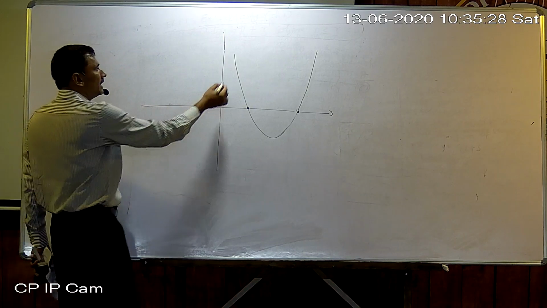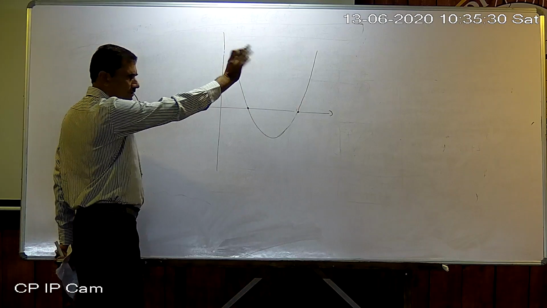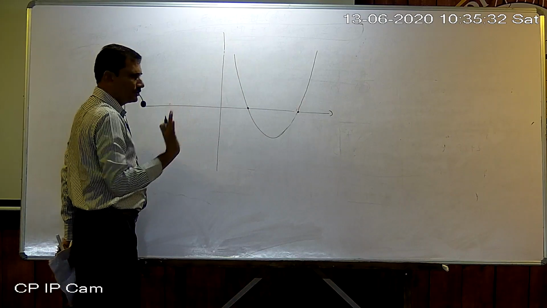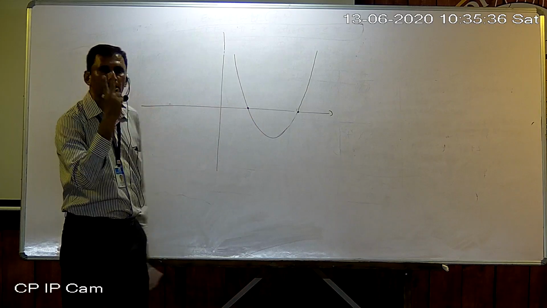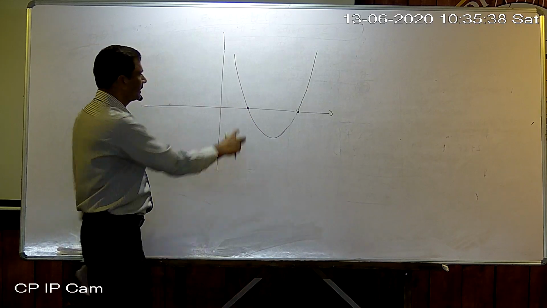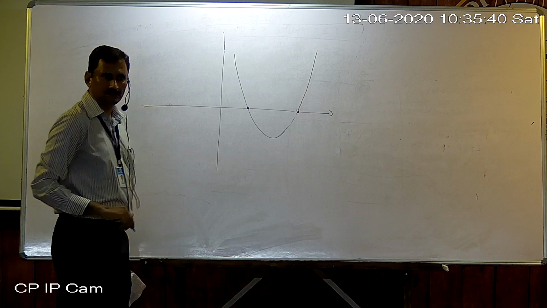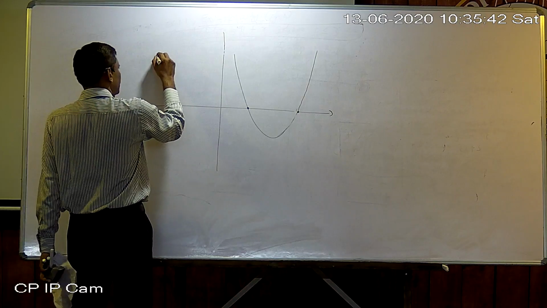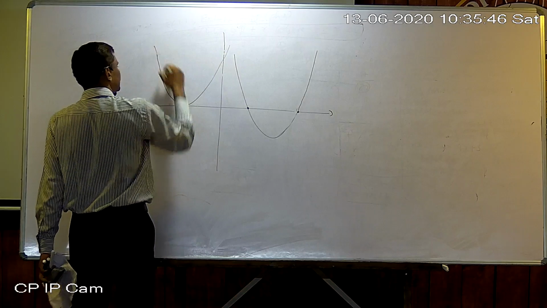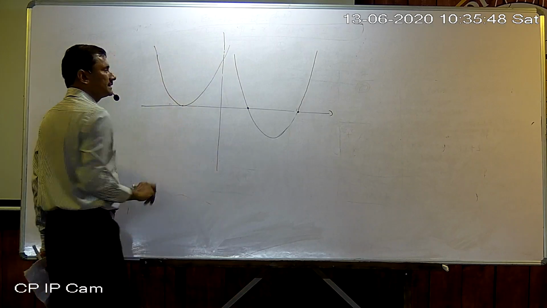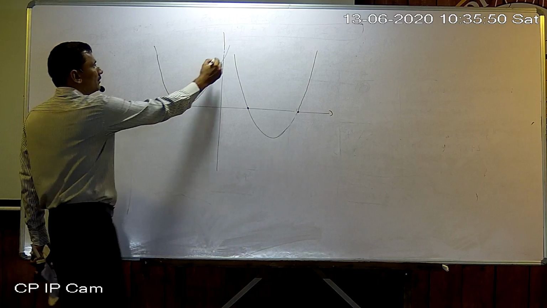So here, in this example, whatever polynomial it may be, we don't know. But whatever polynomial's graph is given, that polynomial has 2 zeros. Why? Two intersection points are there. Suppose it is given this way, like this. Here one intersection point is there. Don't count this one.